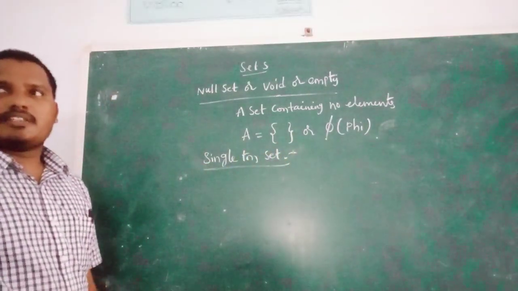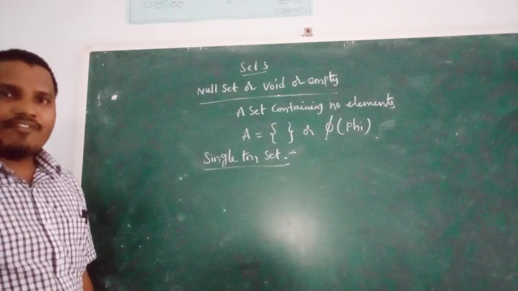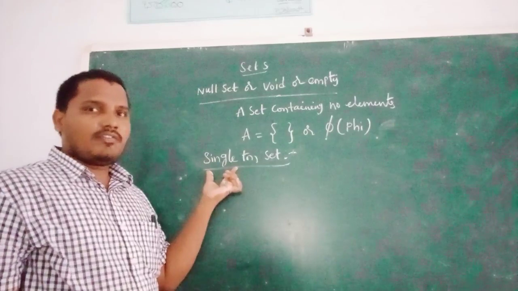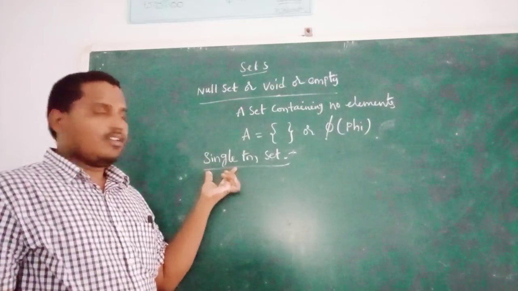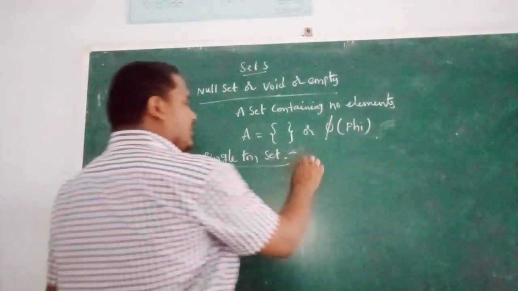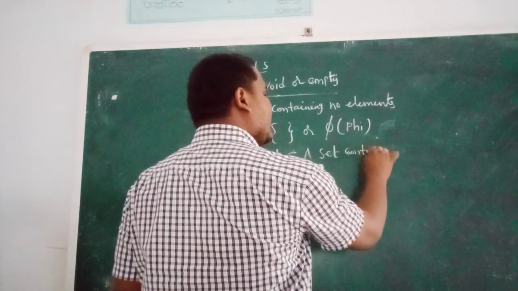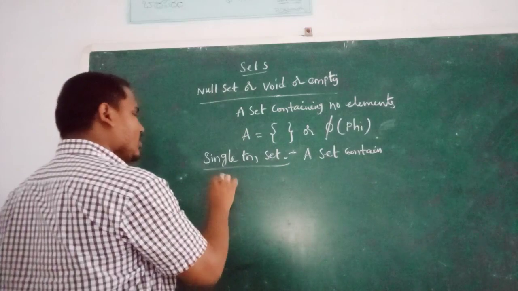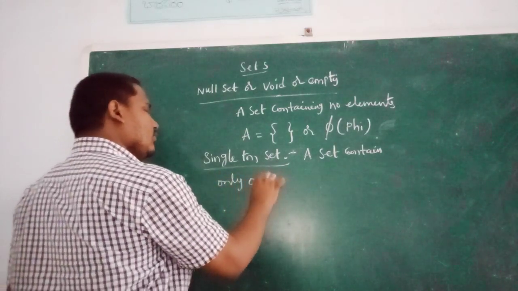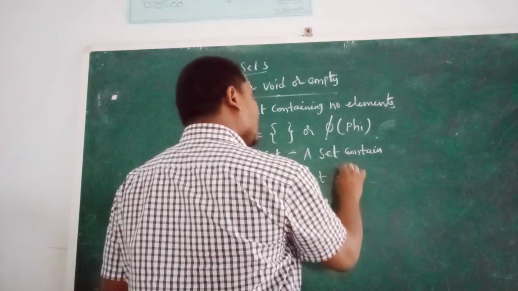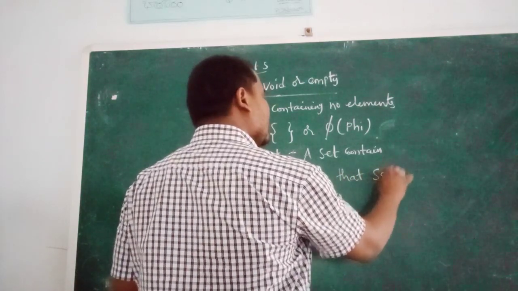Here, singleton set means a set having only a single element, as the name itself says. A set containing only one element is called a singleton set.